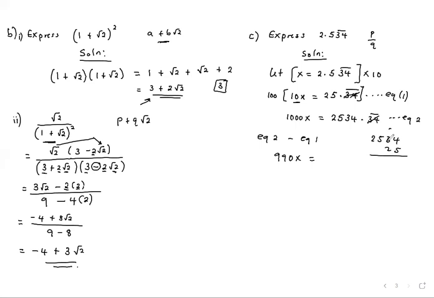Then 14 minus 5 is 9, and then 5 minus 2... so we have 2509. Then divide by 990. So you get x is equal to 2509 over 990.